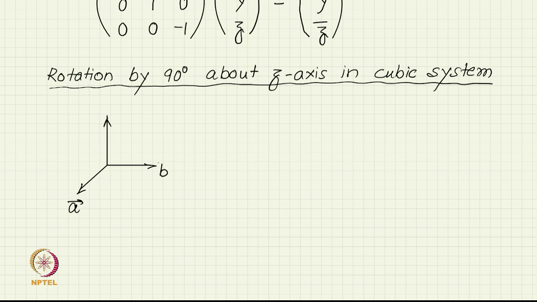I have cubic A, B and C, so they are equal in length, angle is 90 degree, and I am rotating by 90 degree about C, about Z axis, and of course I am forgetting to write CCW, counterclockwise. So what is the matrix?